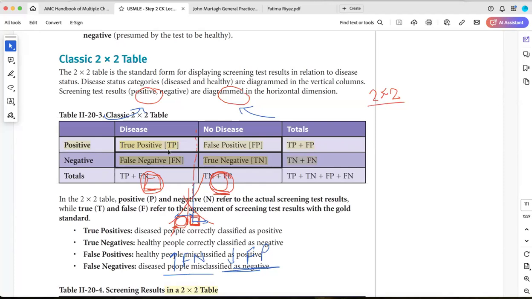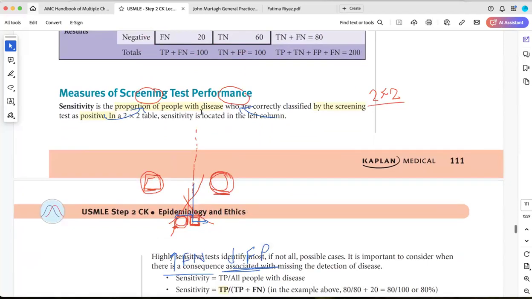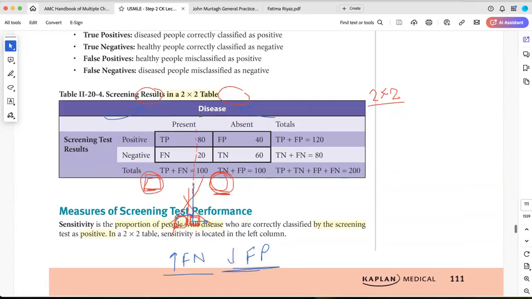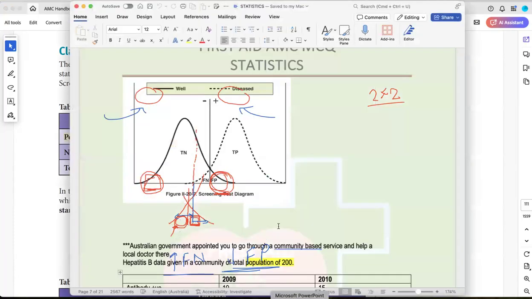Sensitivity of a test means the proportion of people with the disease who were correctly classified by the test as positive. That means the test was able to say, yes, you are positive, and when it says positive, that person has the disease. Now, let me go back. I know it is still confusing, so don't worry.